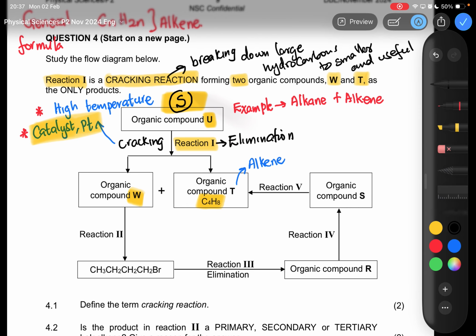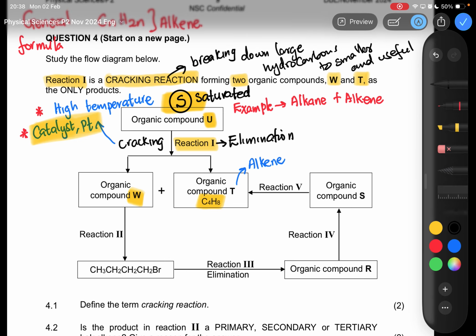This S symbolizes that the compound we are dealing with is saturated. As long as we are talking about large compounds that are being broken down into smaller and more useful compounds, we are talking about an alkane that is big and we break it down.